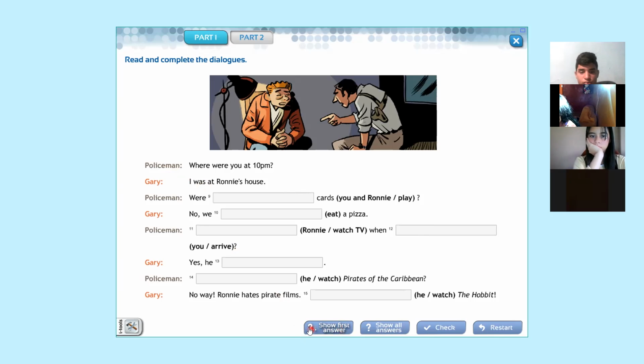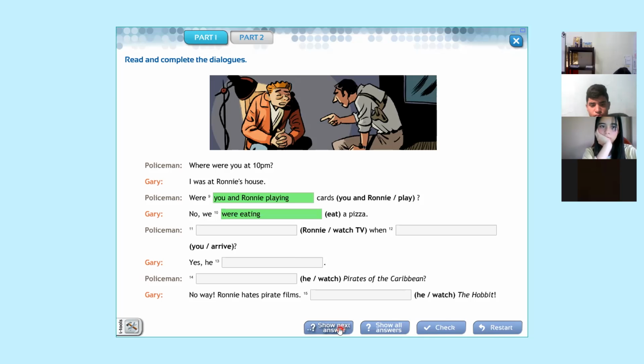Policeman: Where were you at 10 p.m.? Gary: I was at Ronnie's house. Policeman: Were you and Ronnie playing cards? Gary: No, we were eating a pizza.